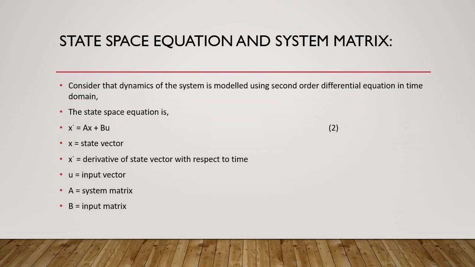So ultimately we have a time domain equation, which may be nth order. Now we replace that nth order system with a first order system having n variables, so that it looks something like x dot is equal to Ax plus Bu and y equals Cx plus Du.